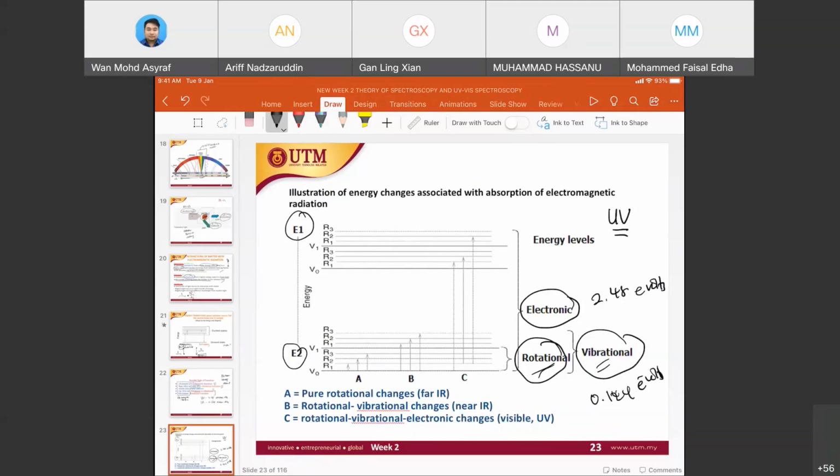Electronic transition is from ultraviolet electromagnetic radiation. But rotational and vibrational transitions are from infrared, microwaves, or maybe radio waves, because the energy is very low. So it can only achieve rotational or vibrational transitions.